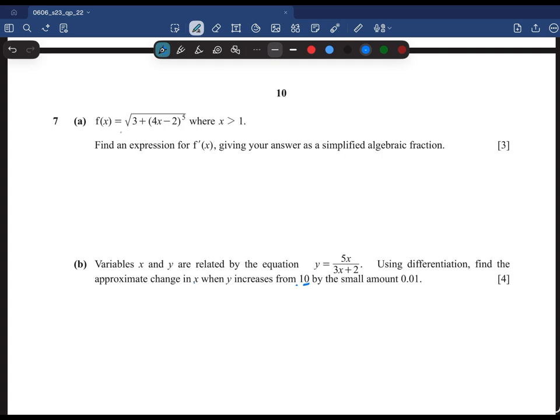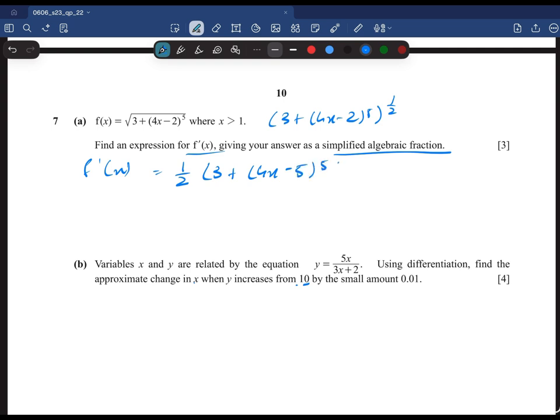Functions. f of x is equal to... my bad, that's differentiation, giving our answer as a simplified algebraic fraction. Alright, f prime of x would be equal to, applying the chain rule: you take the power down, you write the expression inside the bracket as it is, you subtract 1 from the power, into the differential of whatever is in the brackets.